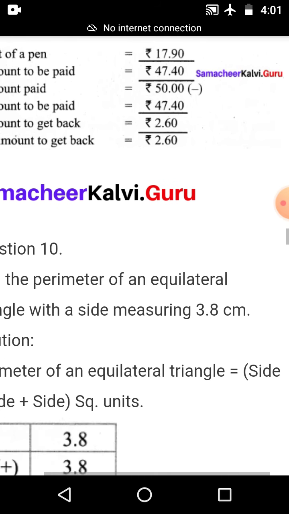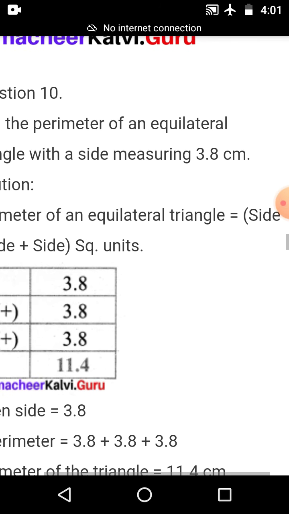Here you can see in 10th sum, find the perimeter of an equilateral triangle with the side measuring 3.8. You know, for perimeter you have to add all the sides of the shape, isn't it? Here they have given equilateral triangle.